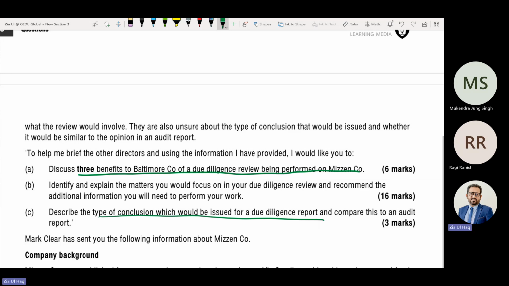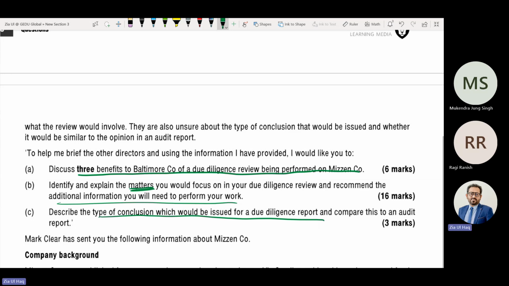Now moving towards part B of the question, for 16 marks. Identify and explain the matters you would focus on in your due diligence review and recommend the additional information you will need to perform your review.